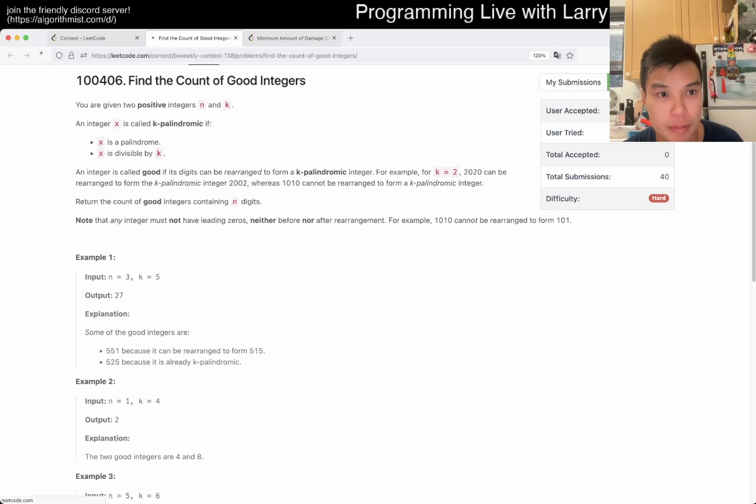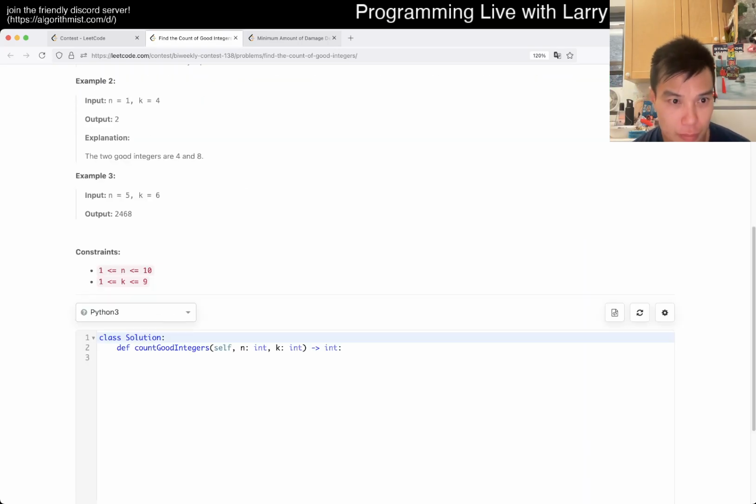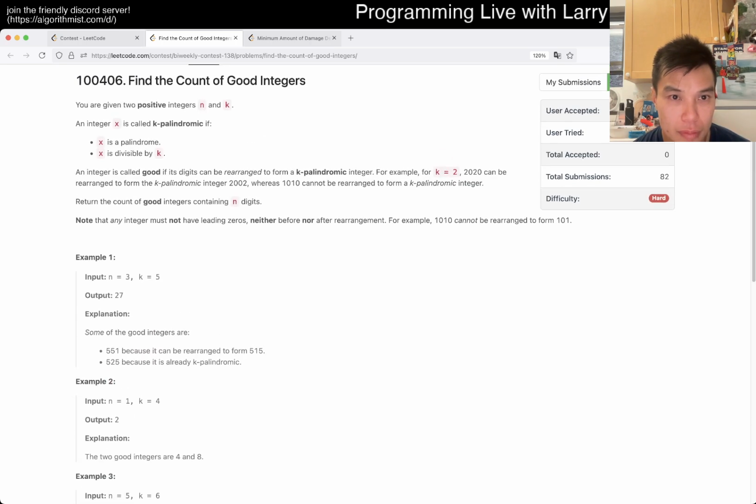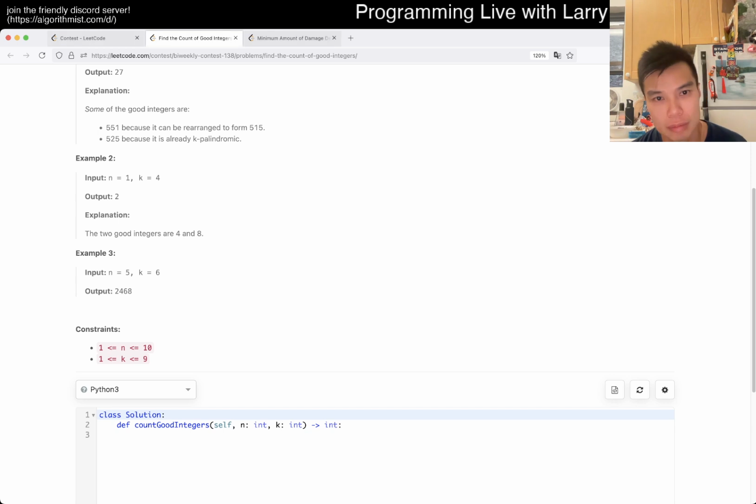Okay. An integer is good if it can be rearranged. Okay, let me think about it.